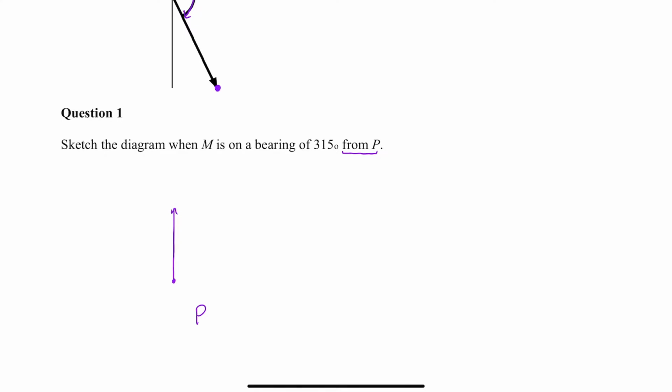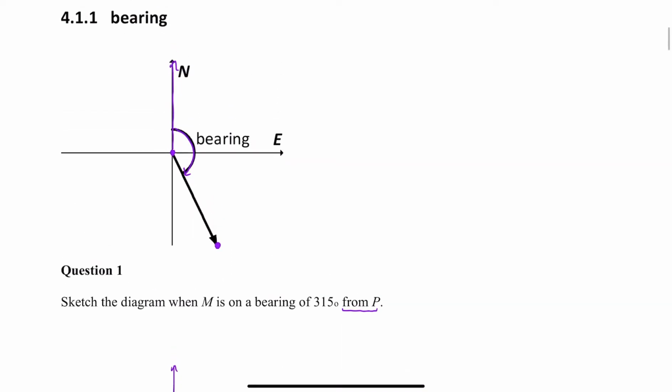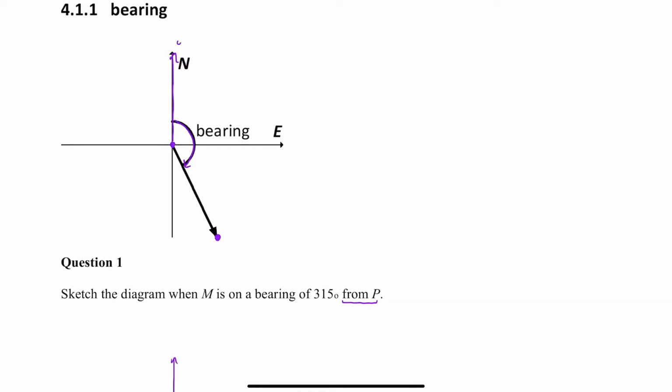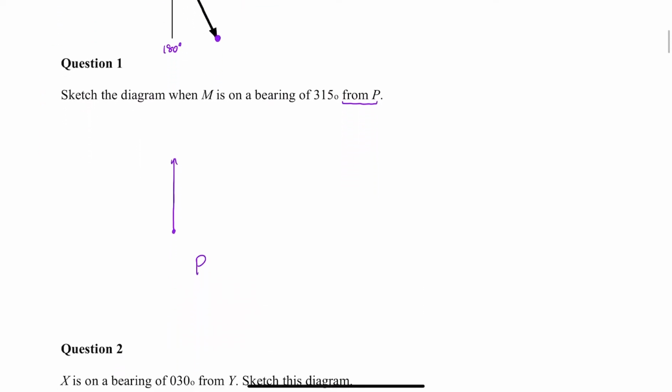And 315 degrees. I want you to think back to these four quadrants. If this is 0 degrees, and this is 90 degrees, and this is 180 degrees, and back to 360, 315 degrees is somewhere up here, right? It's in that fourth quadrant.